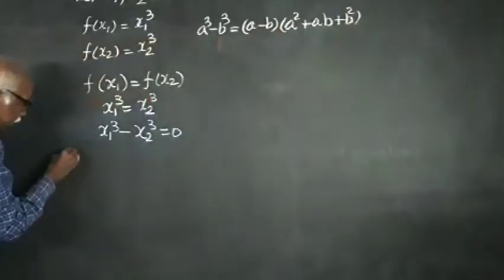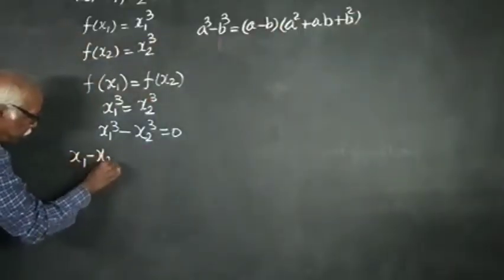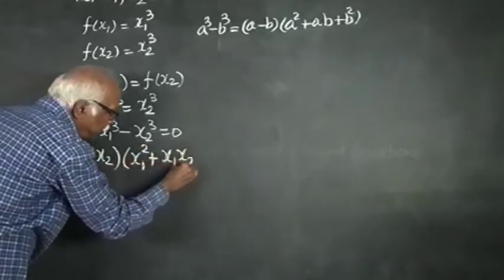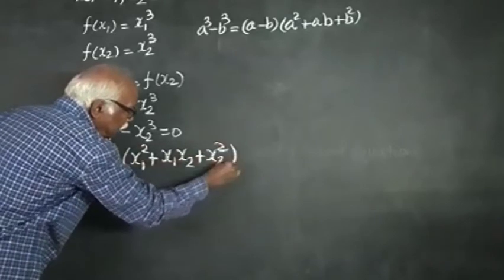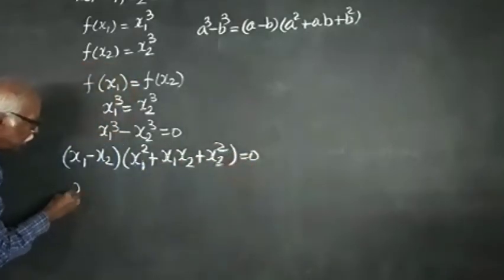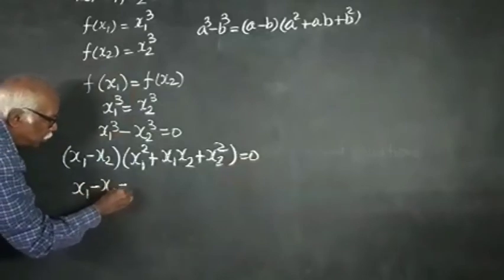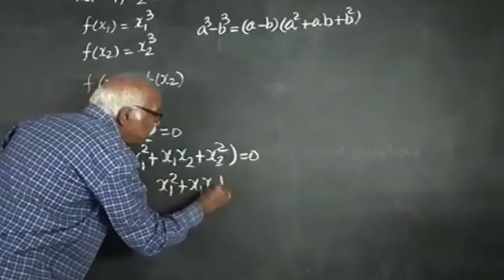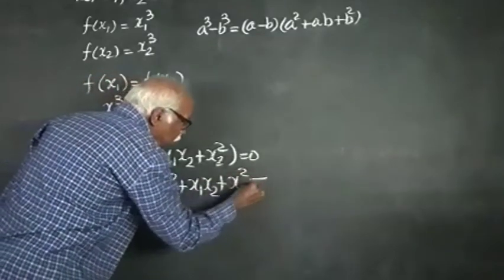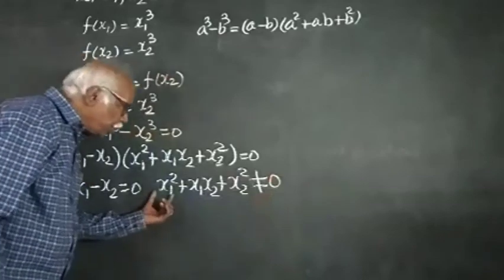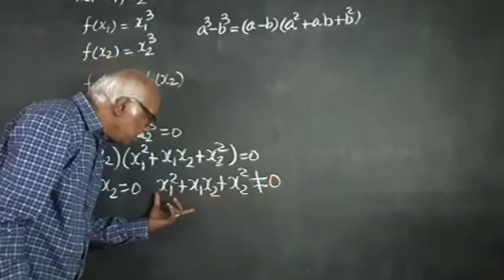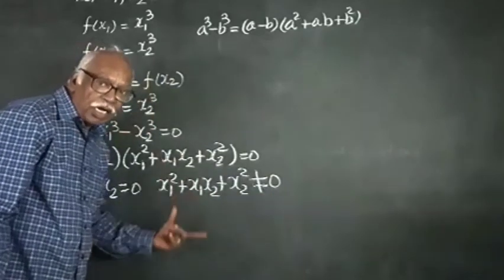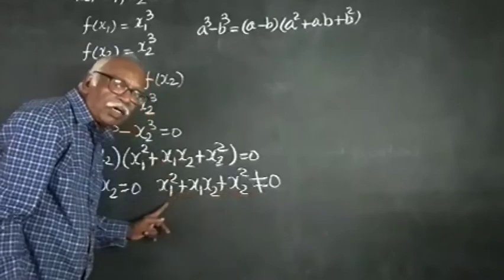So this can be written as x1 minus x2 into x1 square plus x1 x2 plus x2 square equals 0. Either x1 minus x2 equals 0, or x1 square plus x1 x2 plus x2 square equals 0, which is not possible, because x1 square is positive and x2 square is positive. The sum of the squares is always greater than the product, so this never becomes 0.